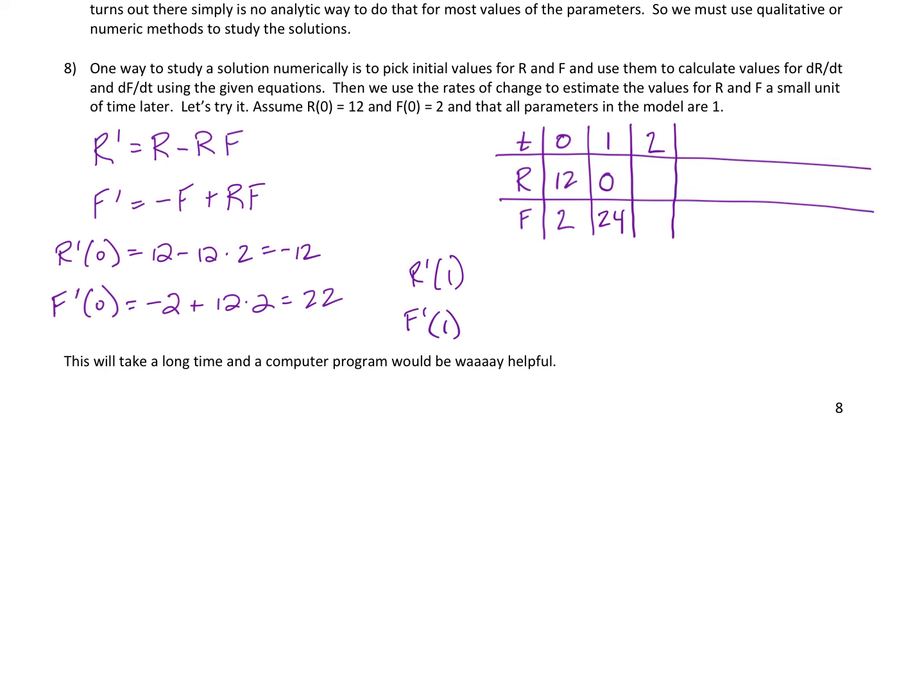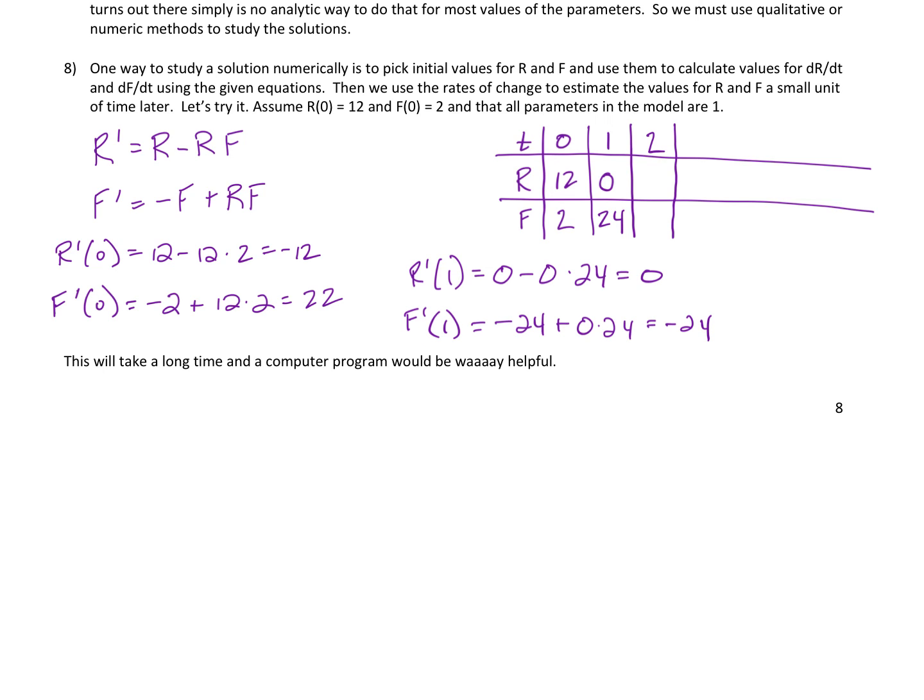Okay, so r prime of 1 would be the rabbit population at time 1, which we know is 0, minus the rabbit population at time 1, which is 0, times the fox population 24, which is 0. And then f prime at time 1 is negative f, so negative 24, plus r times f, where r is 0 and f is 24, so we get negative 24.